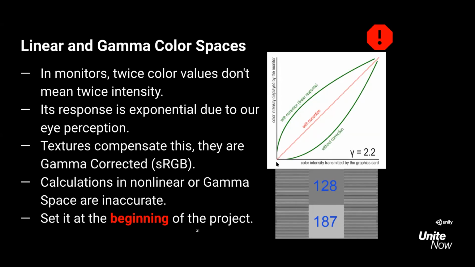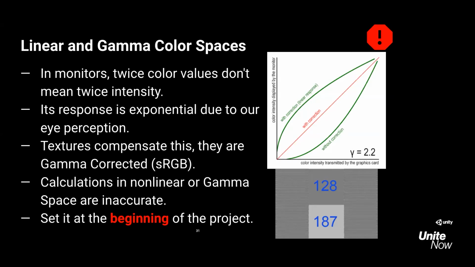And basically, that means that you are going to see everything darker than it actually is. So monitors apply a correction automatically, basically a power by the opposite of this exponential value, that is usually 2.2, but the exact value doesn't matter that much. So the corrected output will give you a linear result, and your eye is going to see that just fine. It's complicated, I know.